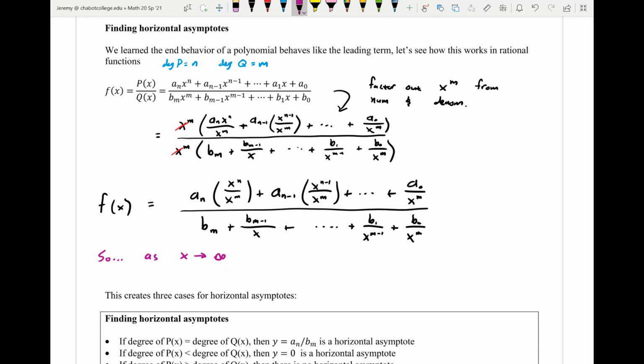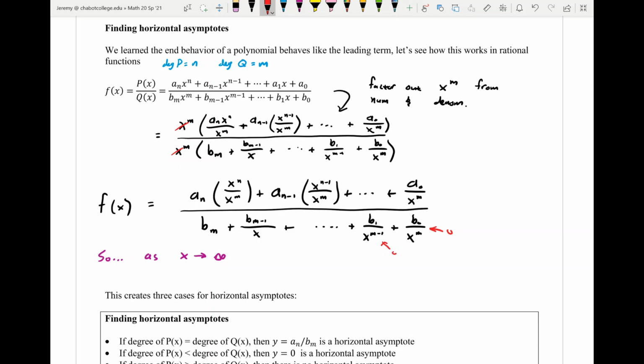Well, looking at the denominator, all of these terms are going to go to 0, right? Like, this is a constant divided by x. As x goes off to positive infinity, that's just going to go off to 0, because the denominator is going to get really big. So these are all going to go to 0.